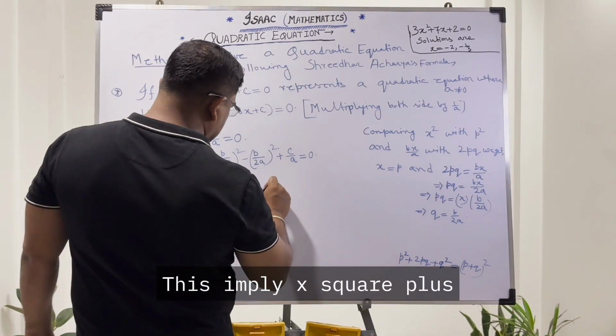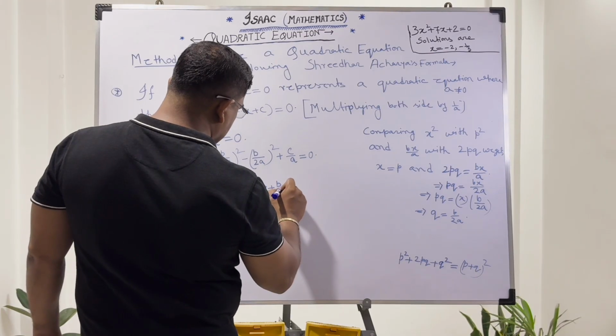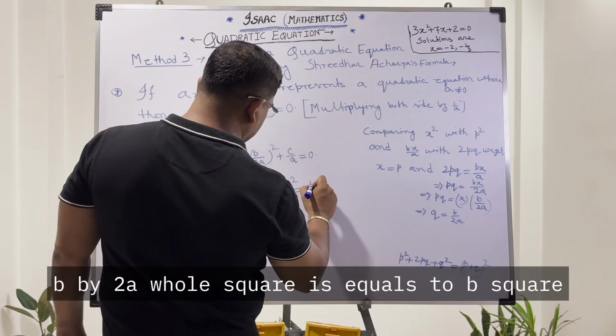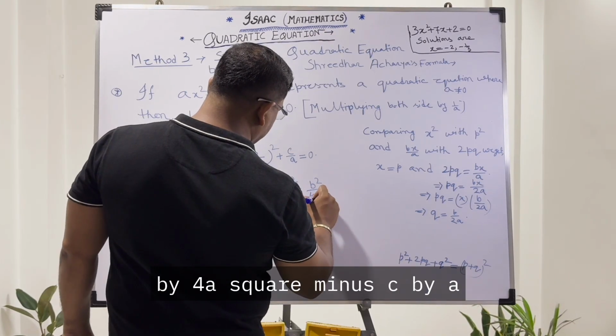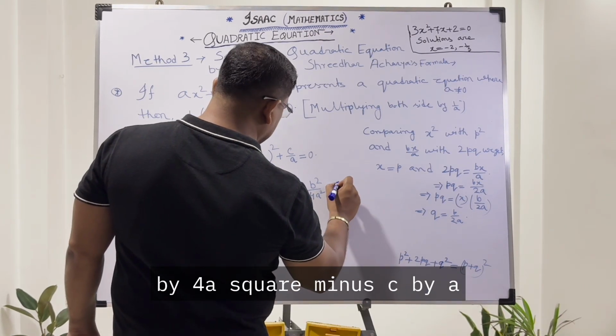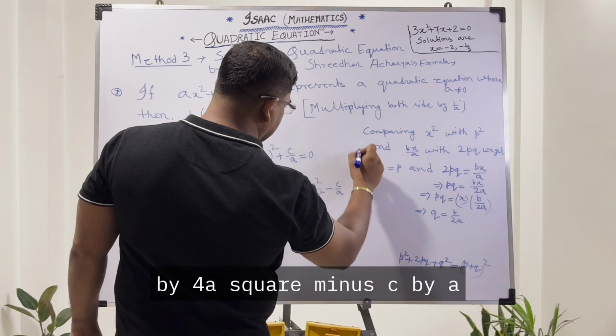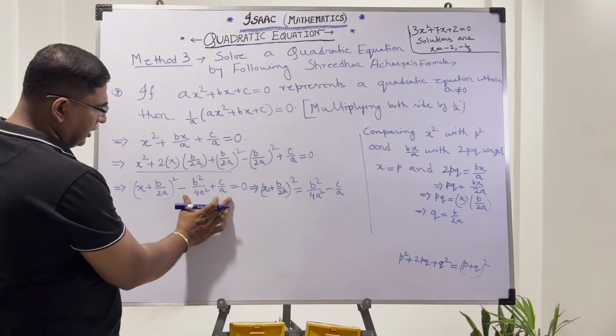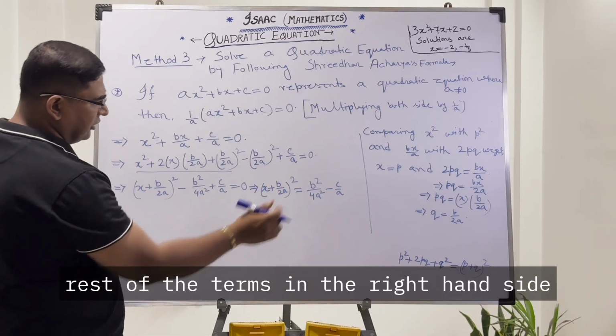This implies x square plus b by 2a whole square is equals to b square by 4a square minus c by a. We bring the rest of the terms to the right hand side.